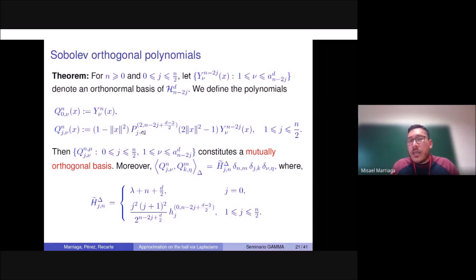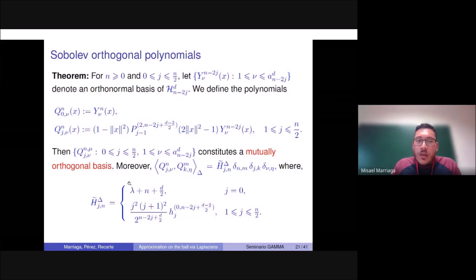And this is because this is the necessary value for this parameter so that we can have the orthogonality. But we also have a Jacobi polynomial, which is a polynomial of total degree n, and we can actually compute the norms.